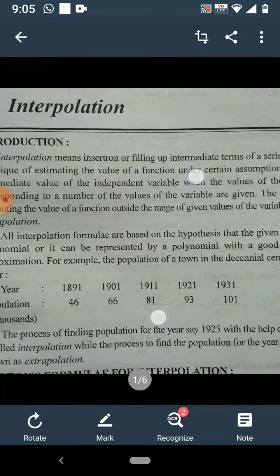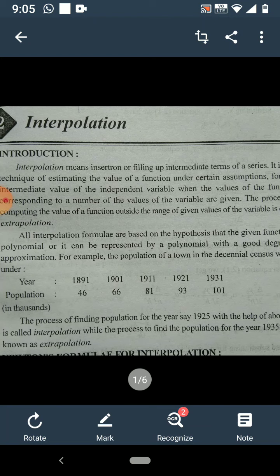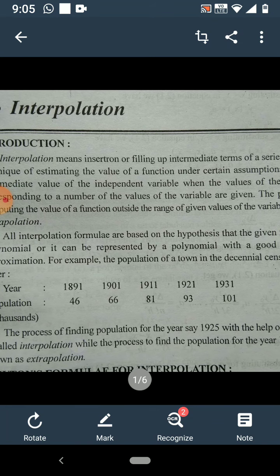For example, here in the first row years are given, and in the second row population is given in thousands. That means for 1891 the population is 46,000, for 1901 it is 66,000, and so on.